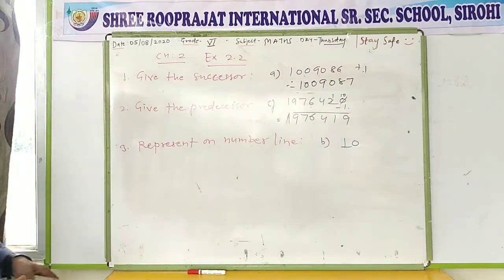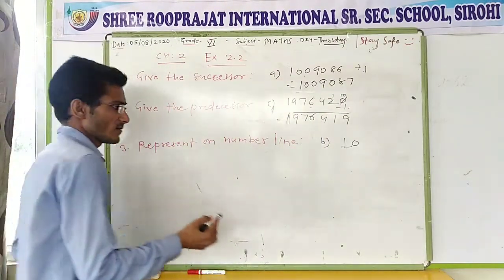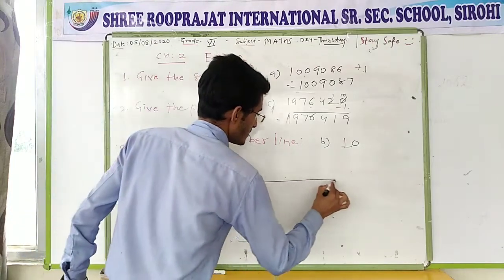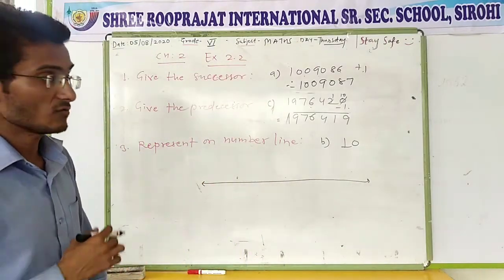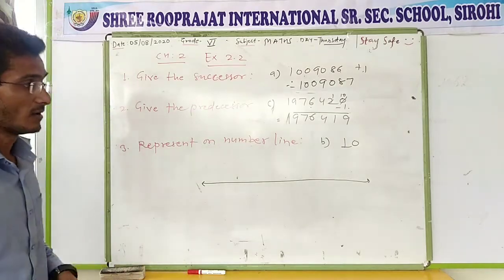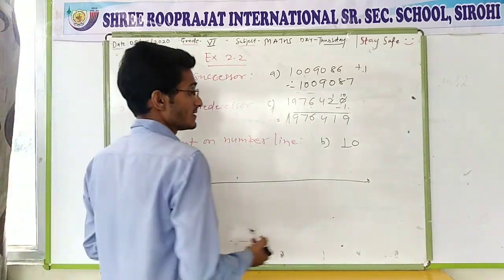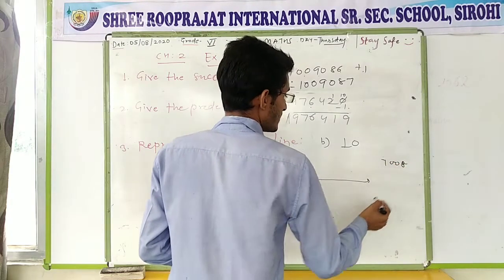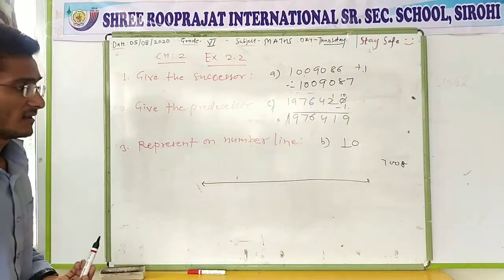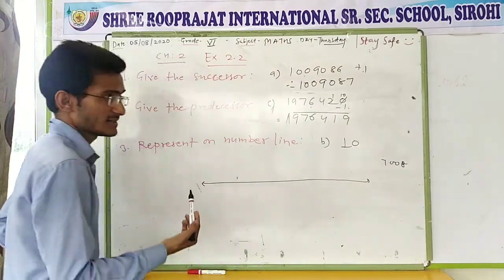Next one, represent on the number line. There are 5 questions given. I am going to solve only one, and the remaining questions you have to solve. So that is a number line. It is not compulsory that you start your number line with 0. If the number given is bigger, like in thousands or anything, then you can start with any number. Suppose it is given 10.